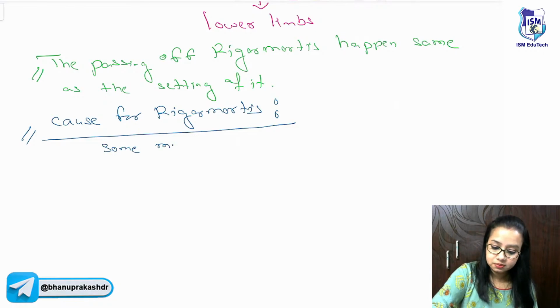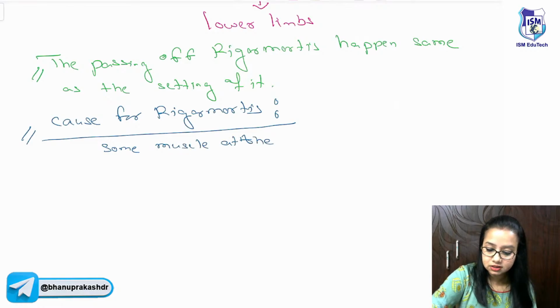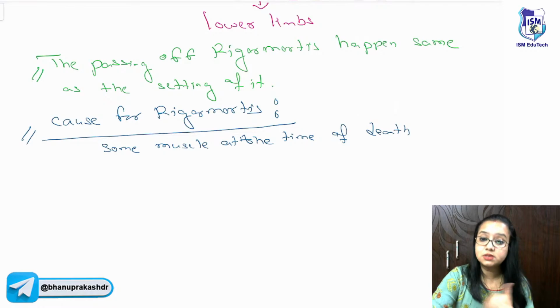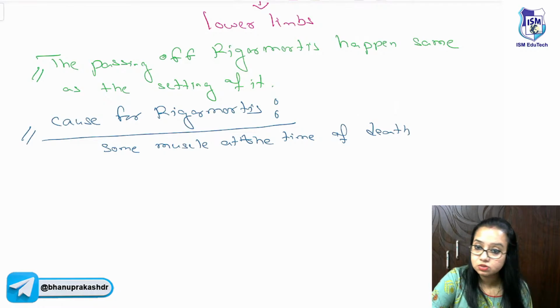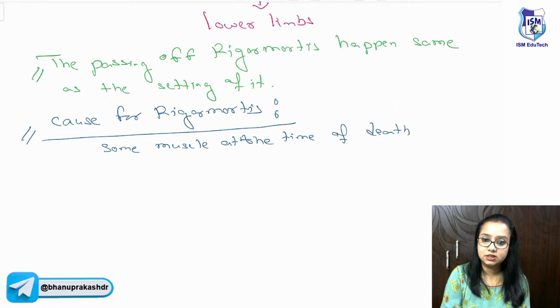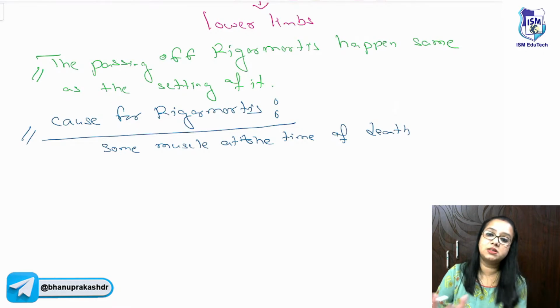Why does it happen? Some muscles at the time of death... as long as the person was alive, was breathing, some metabolism or the other was going on. Even after that, there is a little bit of cellular metabolism that goes on for some time. It does not stop abruptly, right? The body temperature or the metabolism gradually passes away.